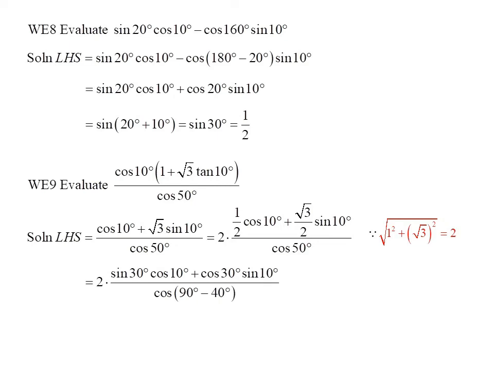Meanwhile, the denominator cosine 50 degrees can be transformed to sine 40 degrees according to the complementary relation between sine and cosine functions. So the original expression equals 2 times sine(30 degrees plus 10 degrees) divided by sine 40 degrees, which equals 2.